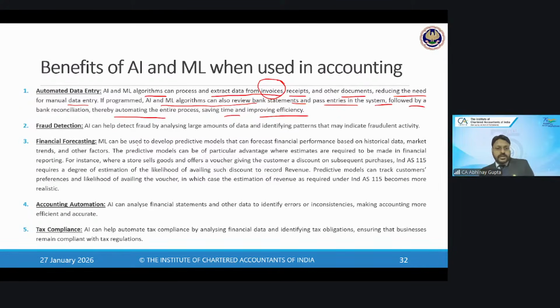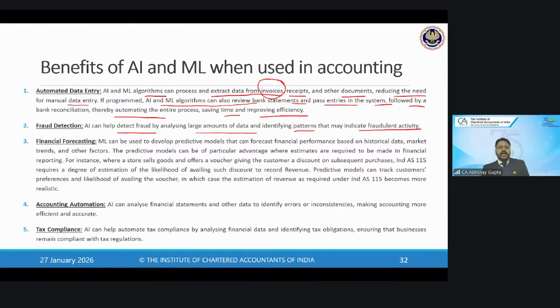Fraud detection. AI can help detect frauds by analyzing large amounts of data and identifying patterns that may indicate fraudulent activity, right? So AI is equipped enough to detect something unusual happening in your system.